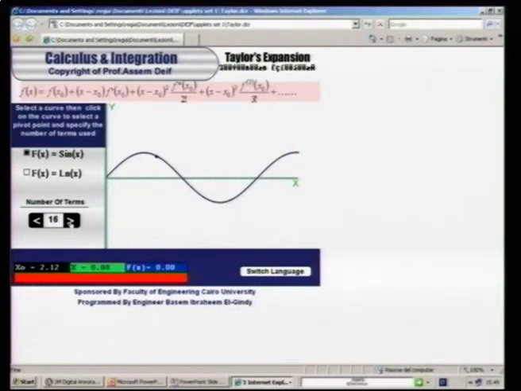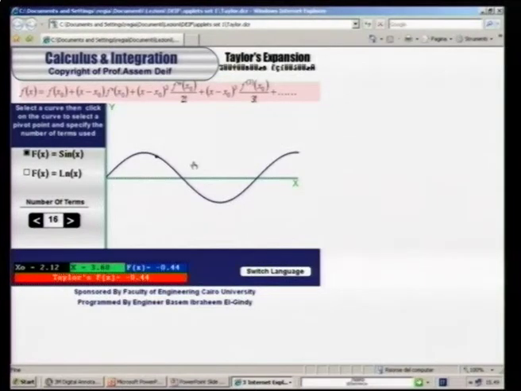So the idea is that you have a function and you wish to approximate it by a polynomial. Because what you have here is a polynomial approximating the function. The more terms you take, the more you represent the function properly. And again here, for example, you have the logarithm of x.